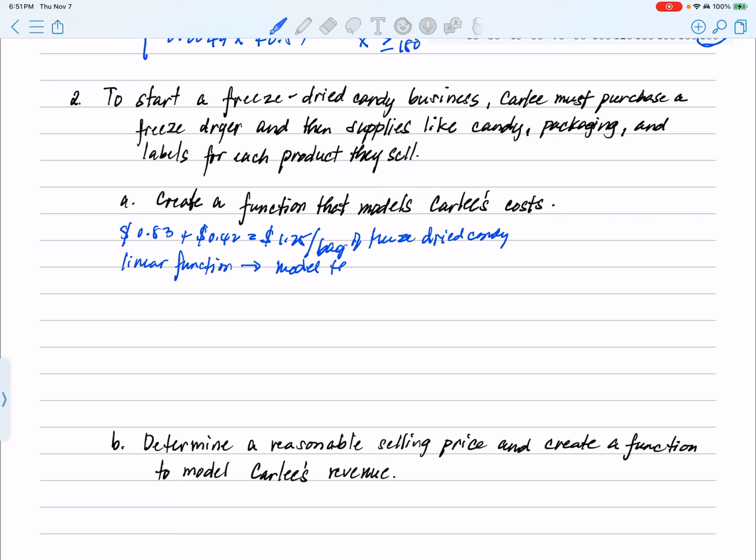So what will we do? Let x represent the number of bags of freeze-dried candy.